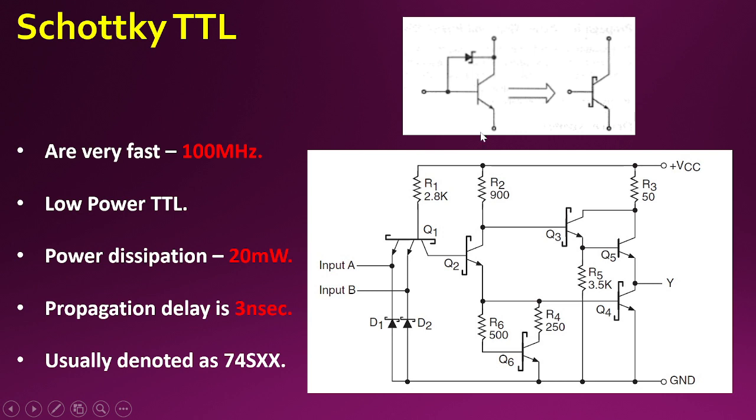Since the Schottky diode was integrated with the transistor, the symbol was redrawn as a transistor having an S at the base. So we replaced all the transistor symbols using the Schottky transistor, and this is how it looked.